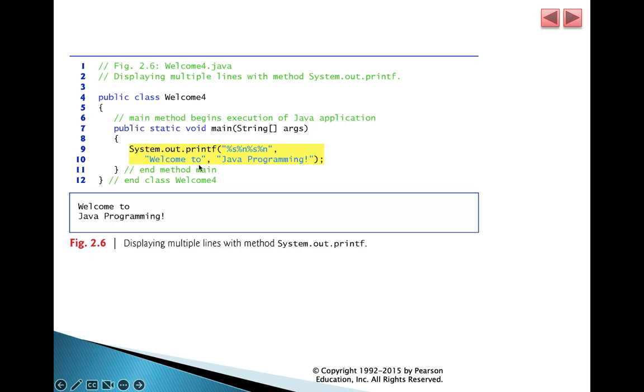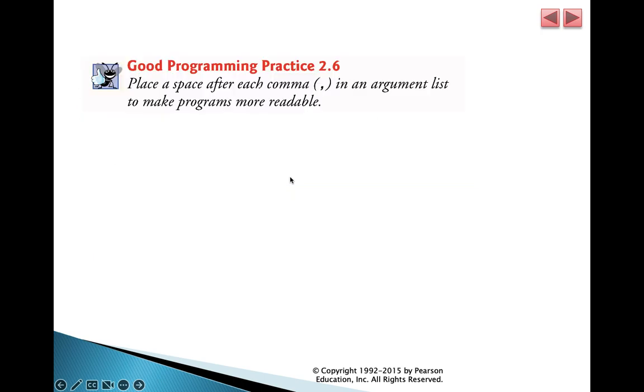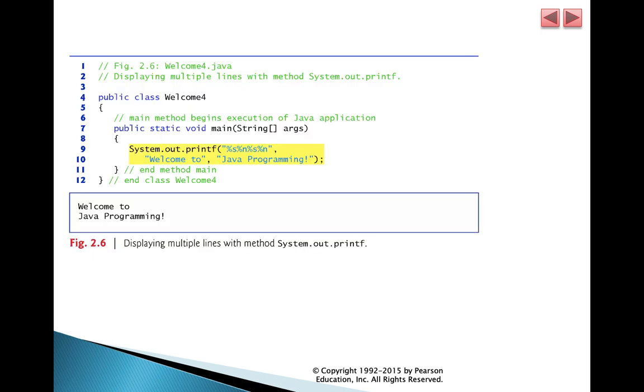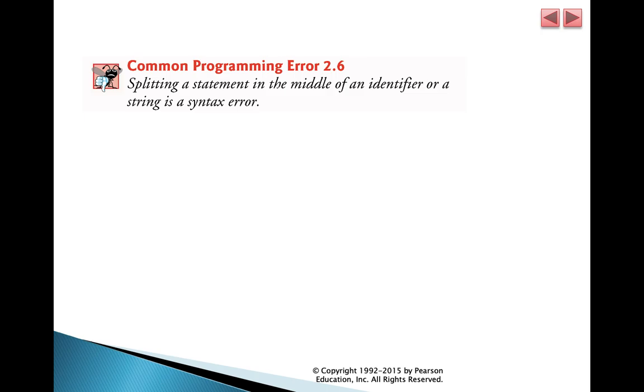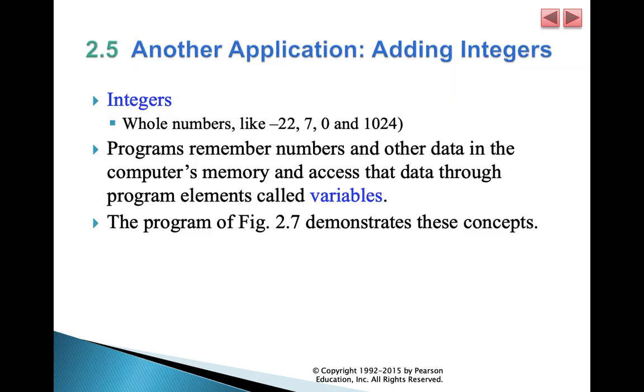After that you make a comma, and you give the 2 strings that you want to print here and here. So it will print a string here, welcome to, and then a new line, another string, and then a new line. After the comma, make a space just to make it readable. As we said, Java ignores the spaces, but it's good to insert them.